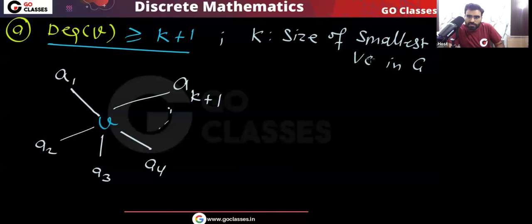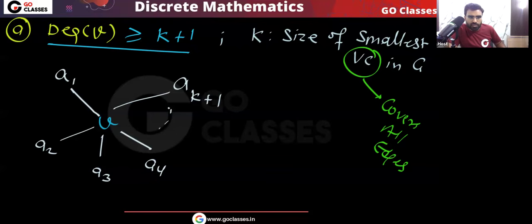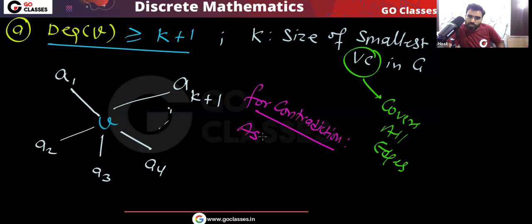Now remember, vertex cover means we should cover all the edges. For contradiction, assume that this V does not belong to a smallest vertex cover.